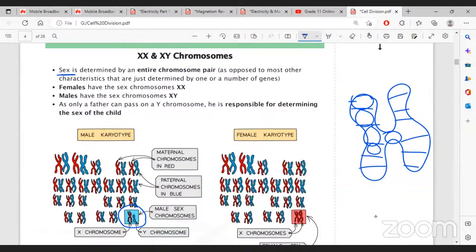In this pair, in females it is usually XX, and in males it is XY. A chromosome needs to be in a pair, but in actual fact, the Y chromosome is the one that codes for male, and it is dominant.